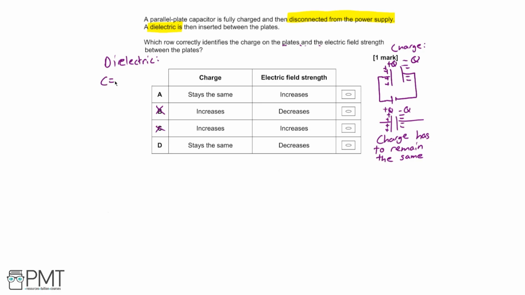Specifically, we have that for a parallel plate capacitor, capacitance C is equal to epsilon naught, the permittivity of free space, which is a constant, multiplied by epsilon r, the relative permittivity, multiplied by A, the area of the plates, divided by d, the separation between the plates. So the quantity that we're interested in here is epsilon r, the relative permittivity.